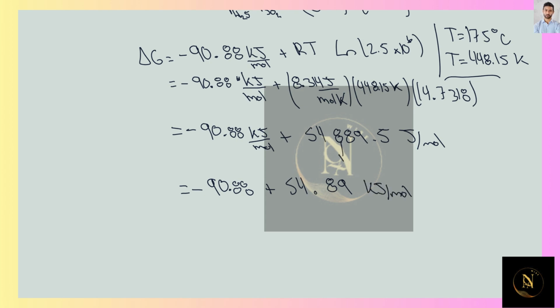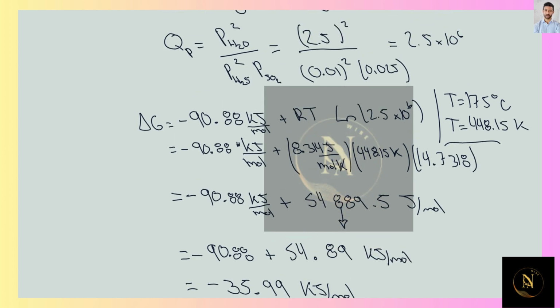What I did from here to here is simply dividing this quantity by 1000 in order to get it into kilojoules. So with this, the final result is minus 35.99 kilojoules per mole of reaction. And that would be the final answer.